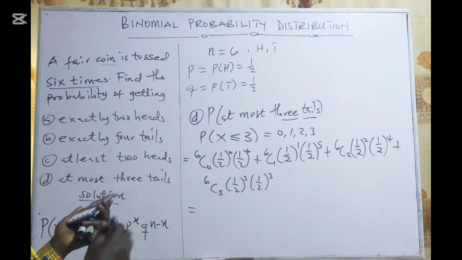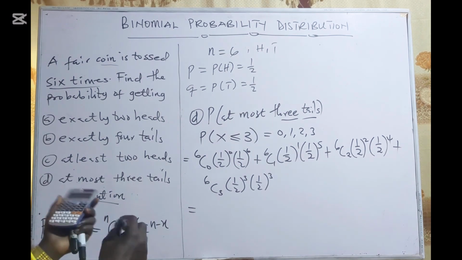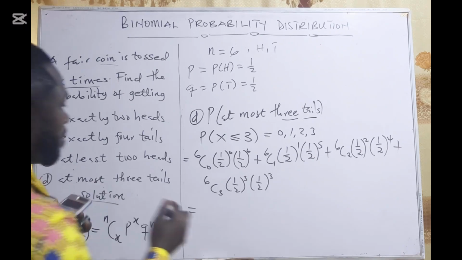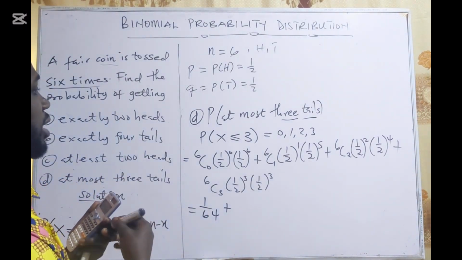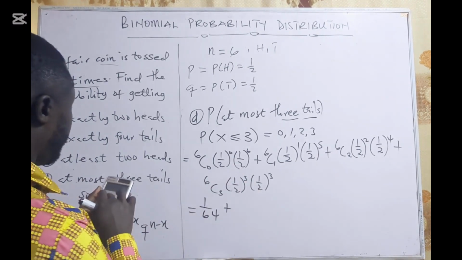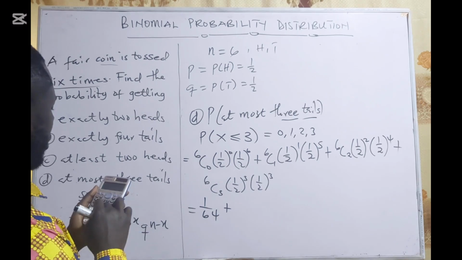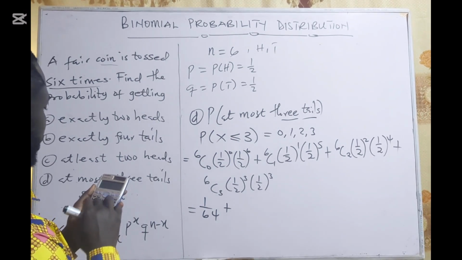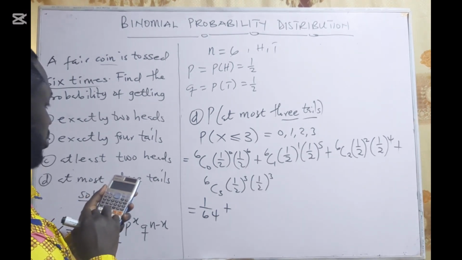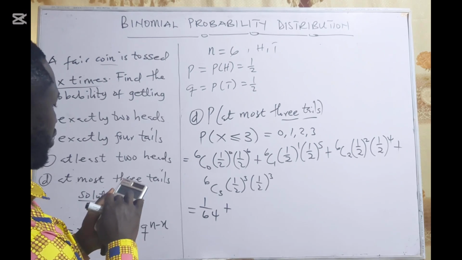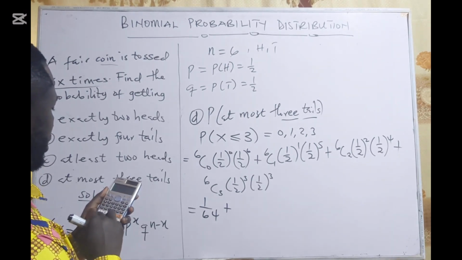That will give us 1 over 64. Plus, then we come to when it is 1. That will be 6 combination 1, 1 over 2 exponent 1, and then 1 over 2 exponent what?